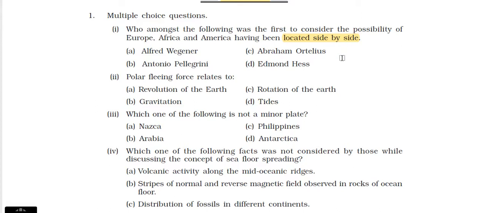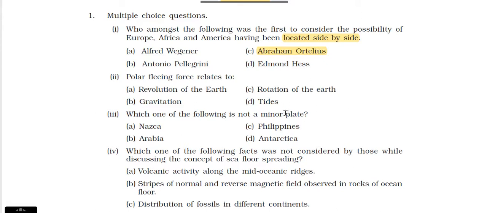So we all know that the correct answer is Abraham Ortelius. After Abraham Ortelius, Alfred Wegener gave the continental drift theory in 1912. So the correct answer is C, Abraham Ortelius.